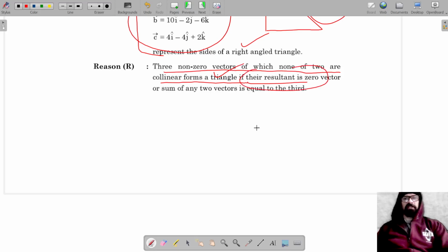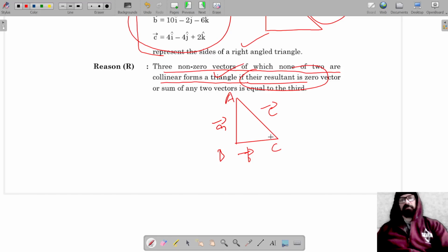Now, if their resultant is zero, let's say we have this triangle with the sides A, B, and C. This is the triangle, with vertices A, B, and C. AB is represented by vector A, BC is represented by vector B, and AC is represented by vector C. Now these are the sides.